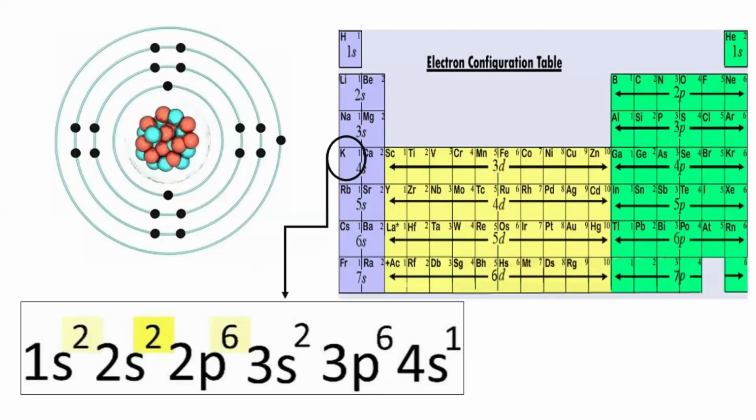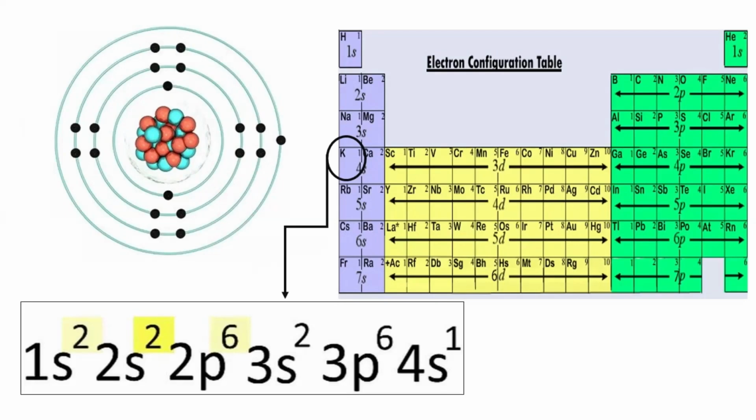It should have 4 main energy levels. Same as sodium, the first energy level holds 2 electrons and forms 1s2. Then in the second energy level, 2 electrons fill the 2s subshell and 6 electrons fill the 2p subshell, making 8 electrons in total, 2s2, 2p6.